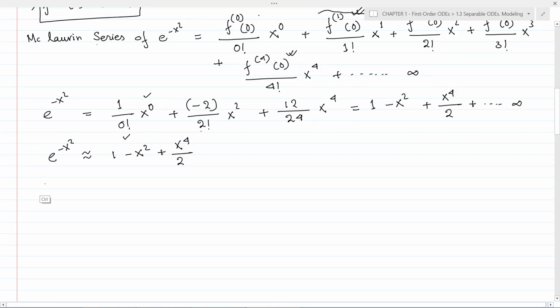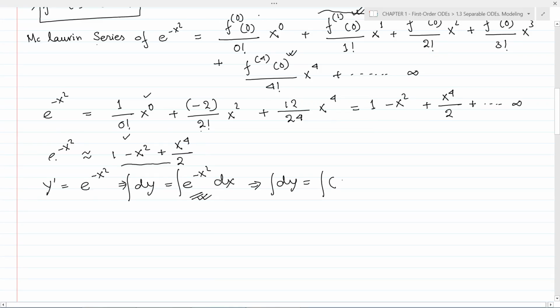We have the differential equation y dash equal to e to the power minus x square, which implies dy equal to e to the power minus x square dx. We can integrate both sides, and now we will substitute this value of e to the power minus x square in this place, and we can write the integration of dy equal to the integration of 1 minus x square plus x to the power 4 by 2 dx.